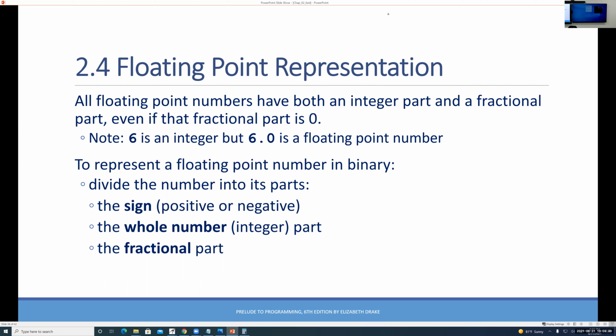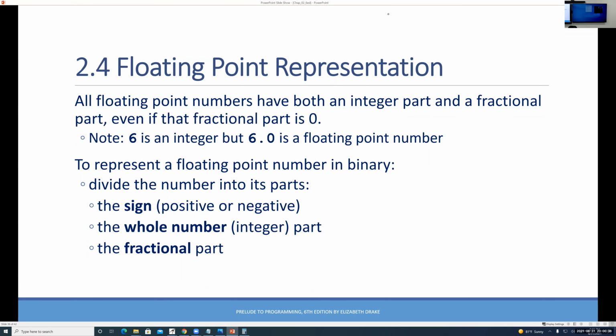So every floating point number has both an integer part and a fractional part here. Right? Even if the fractional part is 0. So see, the number 6 here is an integer, but 6.0 is not an integer, it's a floating point because it has the integer part and it has a fractional part here.